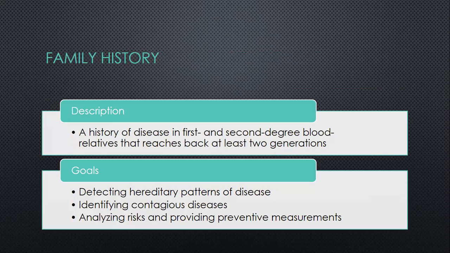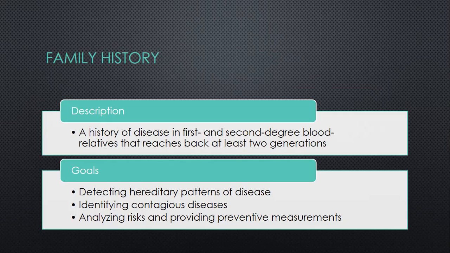So we're going on to the family history. It is actually a history of disease in first and second degree blood relatives that reaches back at least 2 generations. So the more information we get from your patient and the patient's relatives, right?